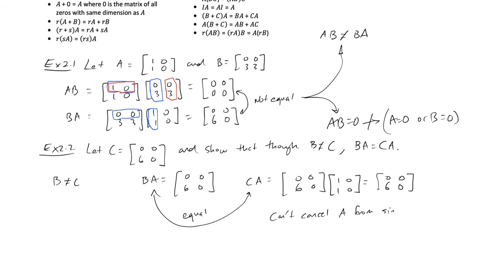But in this case you can't. And by 0 I mean the 0 matrix. So this once again makes matrix algebra very tricky. You have to be very careful about the rules that you bring over from real numbers. Cancellation, not allowed. Product equals 0 implies one of the two pieces is 0, not allowed. And commuting multiplication, that's not allowed.